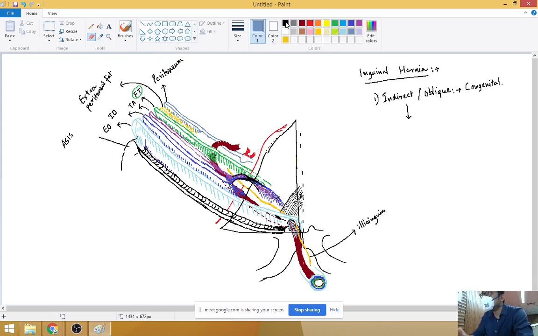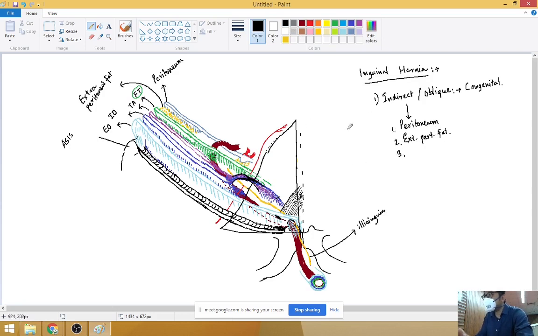The peritoneum, this one. Next, what were these small things here? All this extraperitoneal fat. So it will give pressure on the extraperitoneal fat. So second becomes the extraperitoneal fat. First, second, third.